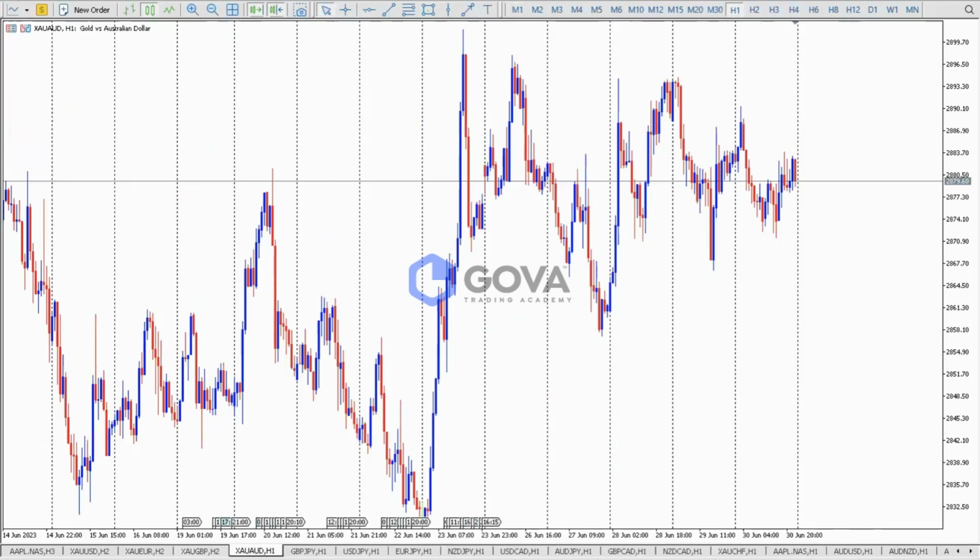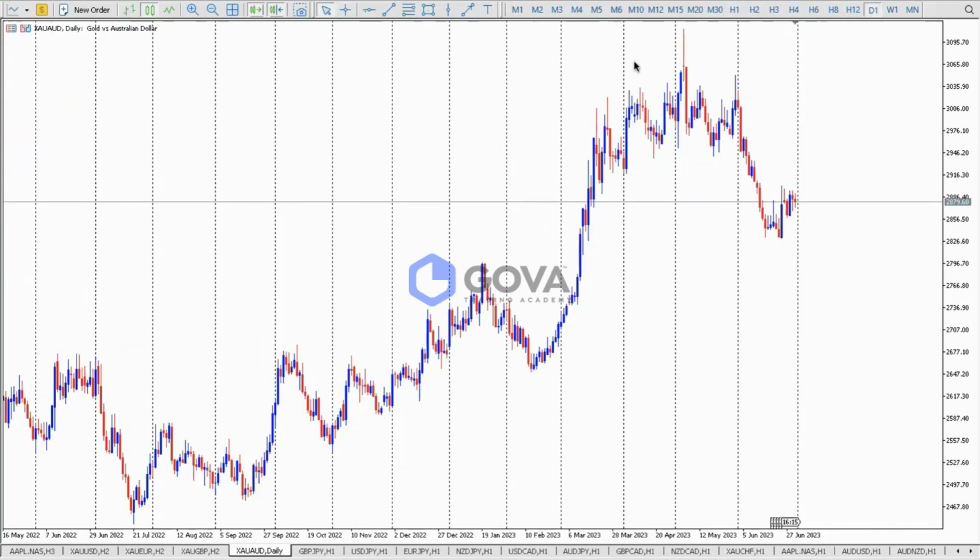Gold, Australian dollar. Now, on this gold Australian dollar, let's mark the monthly EQ on the D1 time frame.